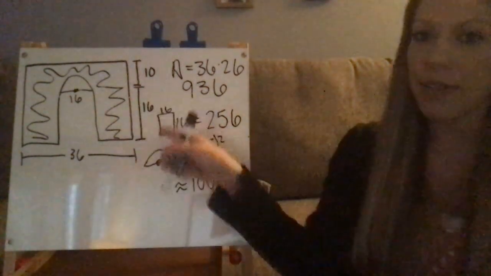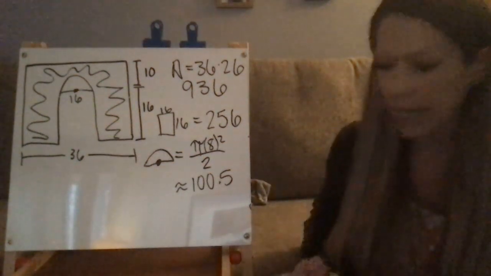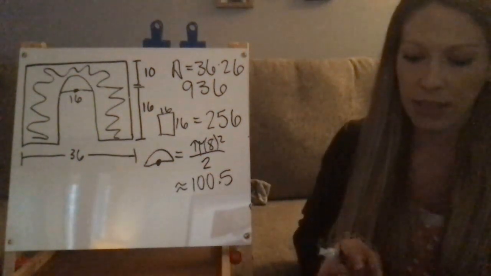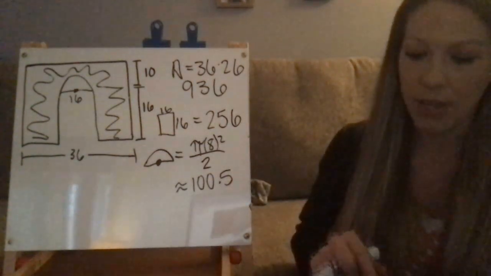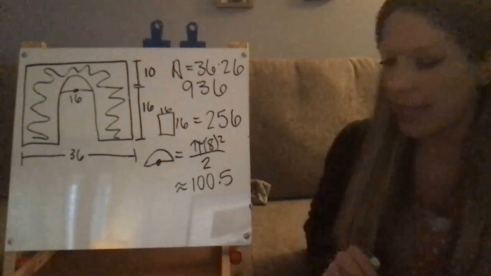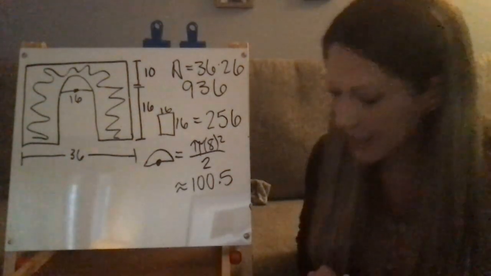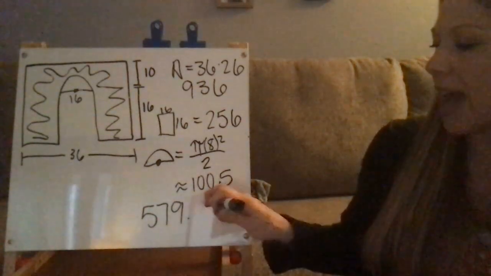So then the area of the whole painted piece, we would take that 936. We want to subtract out the area of the rectangle. And we want to subtract out the area of that half circle. So what's left is about 579.5.